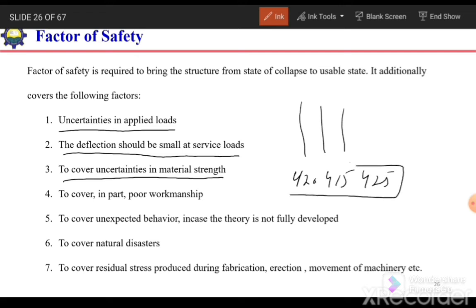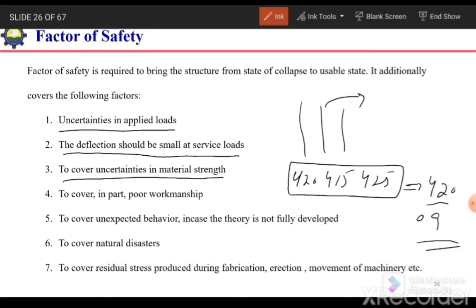So there is a small variation in strength. Mostly we use the average value, so we will report its strength as 420. But if the strength is 415, what will happen? The structure will fail at the service loads. So to counter this, we need to apply the factor of safety. Instead of this average, we reduce it by, for example, 0.9 to bring it to some lower value.